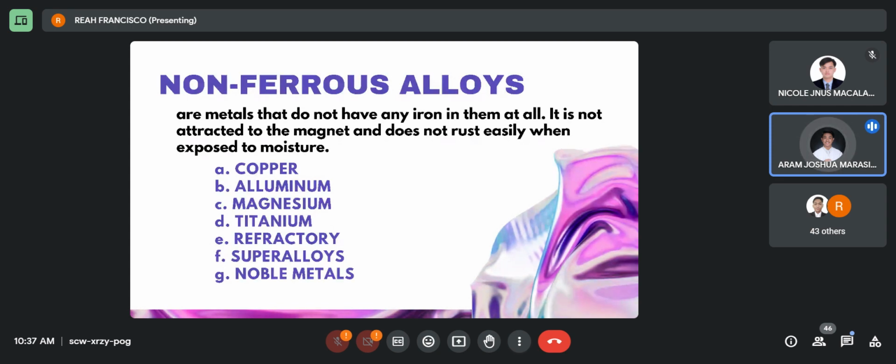These alloys are prized for their corrosion resistance, electrical conductivity, and the ability to maintain their structural integrity at high temperatures, making them crucial materials in industries ranging from aerospace to electronics.